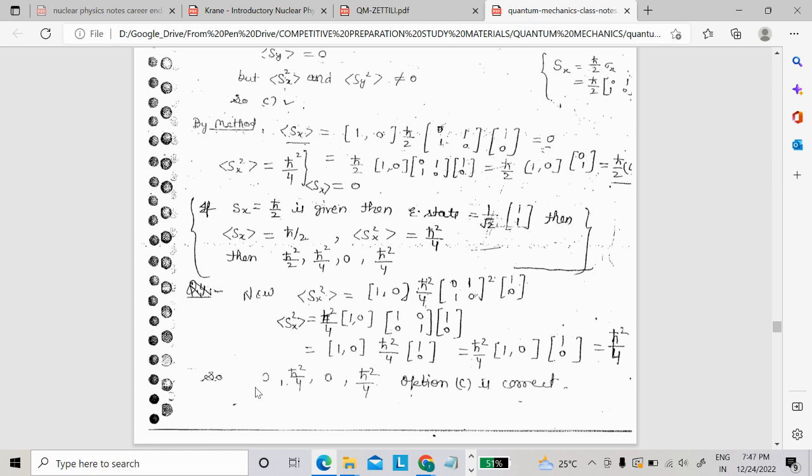The partition eigenbasis of S square. H cross 4 0 1.